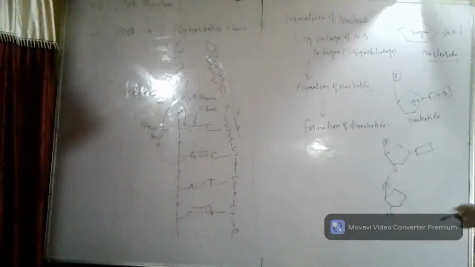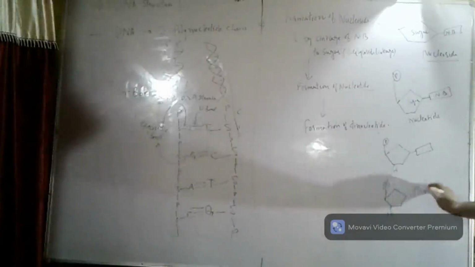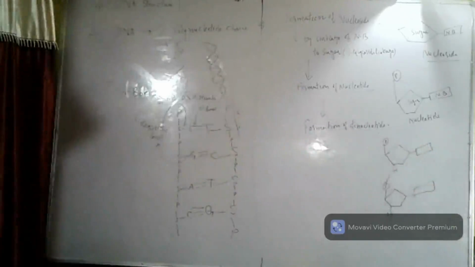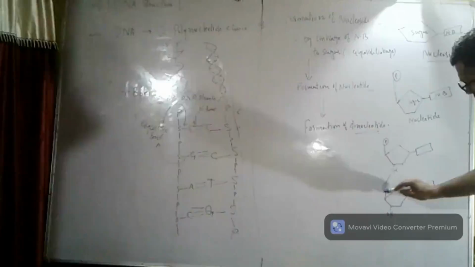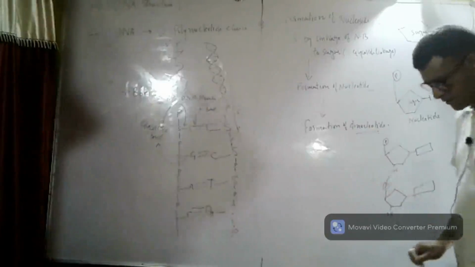Then phosphate. This is one nucleotide, this is another nucleotide, so it is a dinucleotide. And the bond here is phosphodiester bond. So what type of bond is here?